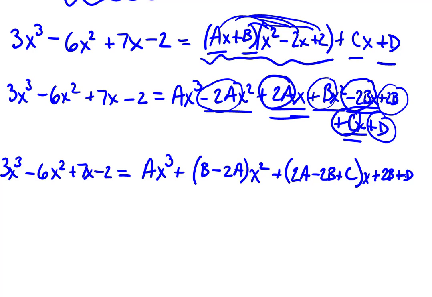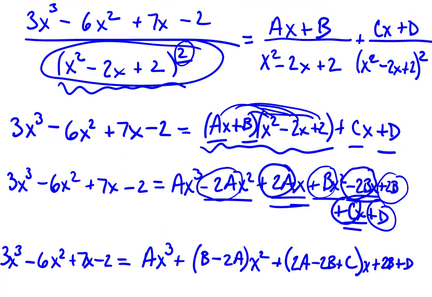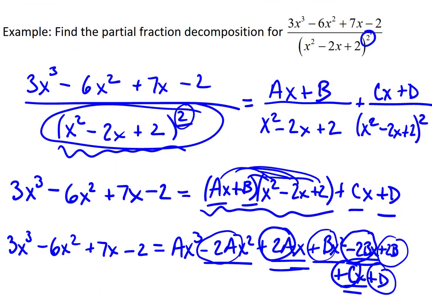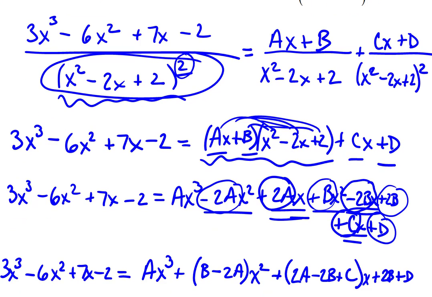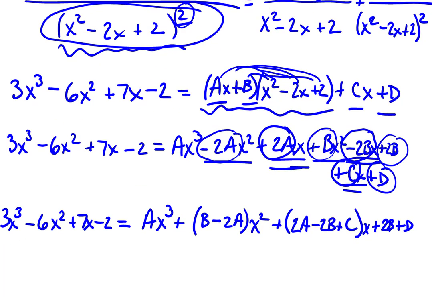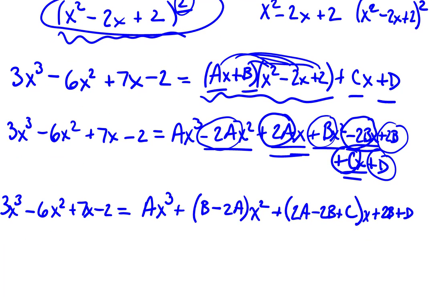Okay, now let's just pause for a second and try to figure out what in the world we're doing. If you go back and look at where we came from, we're trying to find the partial fractions for this original rational expression. And in doing so, after going through the steps and using this case 4 with repeated quadratic factors, we got to the step where normally we would try to pick convenient values of x and plug them in to solve for a, b, c, and d here, but it didn't work. There was no convenient value of x that worked.